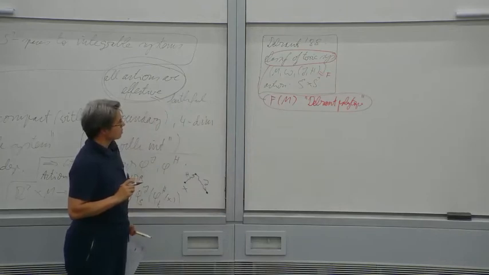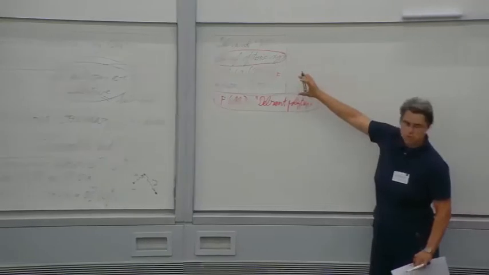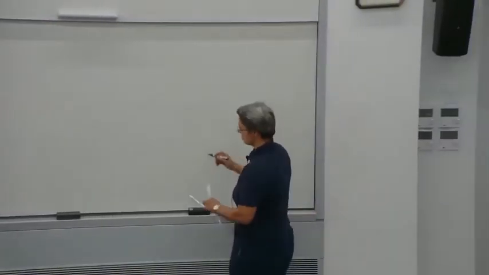Good. And on the other hand, there is a classification that is not as old as that one, but still already a couple of years old. This is Karshon's classification of Hamiltonian S^1 spaces.